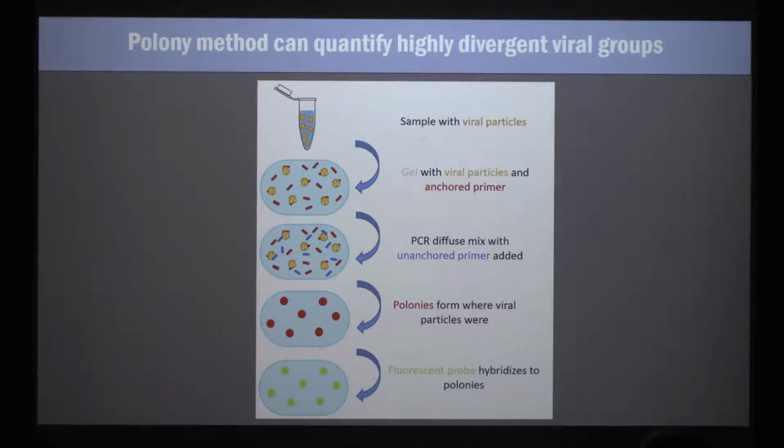And so what that means is that I'm basically trapping viral particles in a gel so that they can't move, and then carrying out PCR in that spot. Now I'm creating enough DNA sequences that I can attach a fluorescent probe and visualize it. Then I count all of those probes, all of those PCR colonies or Polonies, and I can extrapolate the quantity of viruses from there. So I'm going to walk through this a little bit step by step.